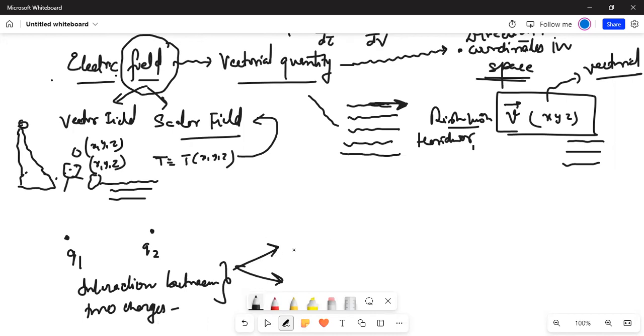If you want a vector description, you will say, I'll give you the force between the two charges. And if you want a scalar description, then Harshit would say, I'll give you the potential energy of the system because of the presence of these two charges. Now, forget about this Q2, just tell me about a single charge. When you have to describe what the impact in space will be due to the presence of this individual charge Q1, now you are talking of something called a field.